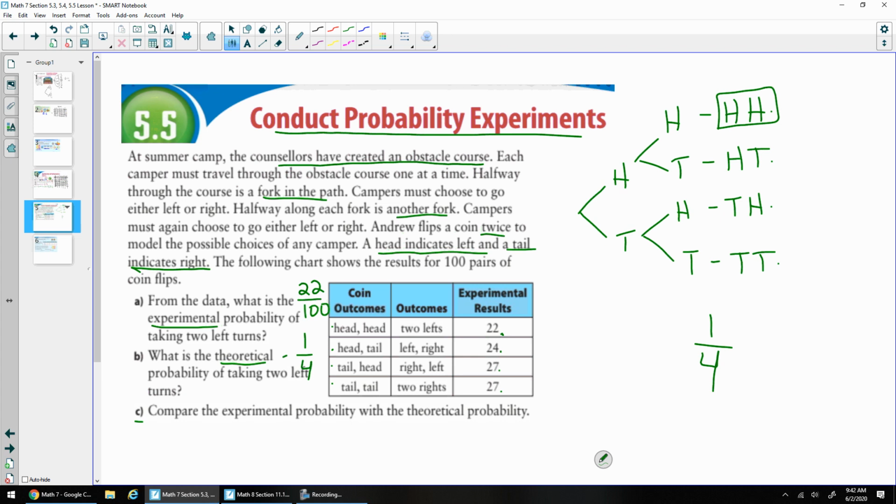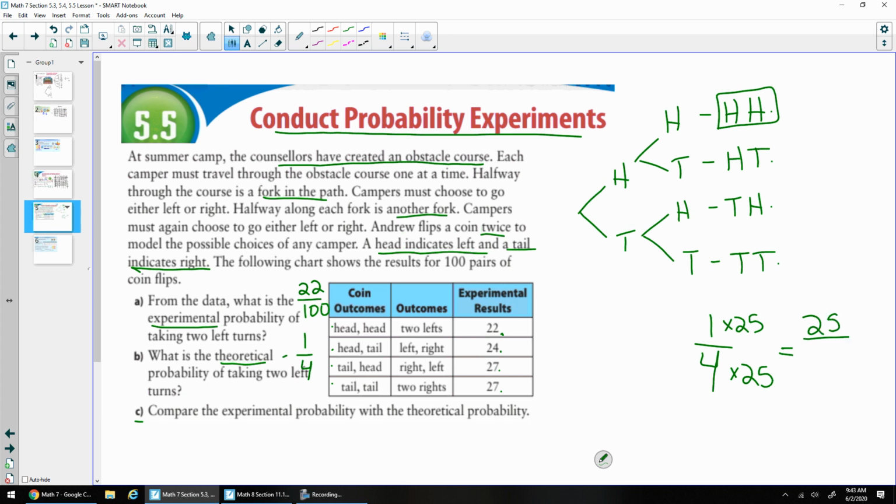Well, which one of these is greater? When you just look at them right now, you see the 22, and 22 seems much greater than 1. But to really be able to compare fractions, they have to be with the same denominator. So we could take our 1 out of 4 and multiply it by 25, and therefore also multiply the top by 25 to get an equivalent fraction of 25 out of 100.